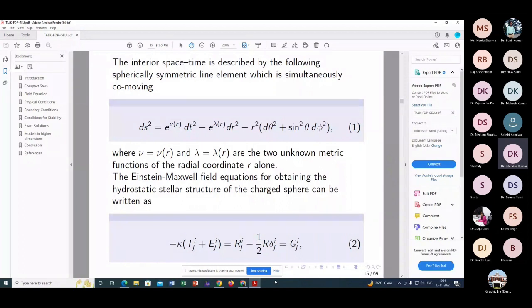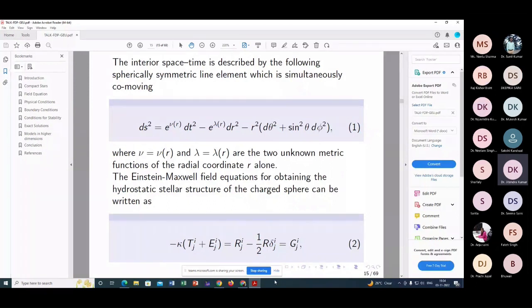So Rij minus half R delta ij equals Gij. Rij is the Ricci contracted tensor, R is the Ricci scalar, and delta ij is the mixed tensor. Gij is the combination of Tij and Eij, where Tij is the energy momentum tensor and Eij is the electromagnetic field tensor.